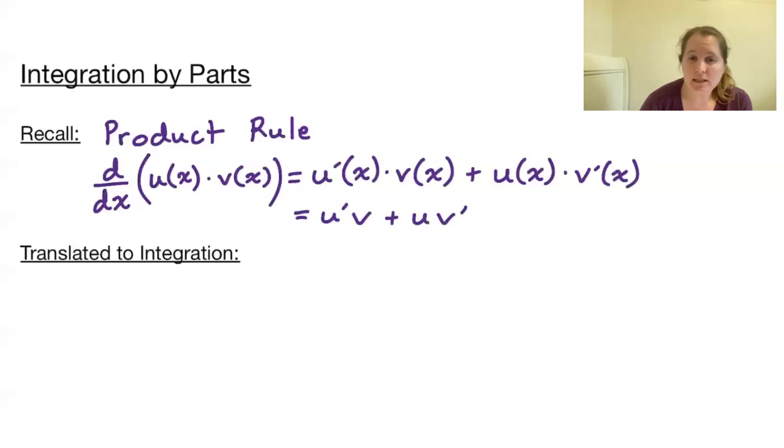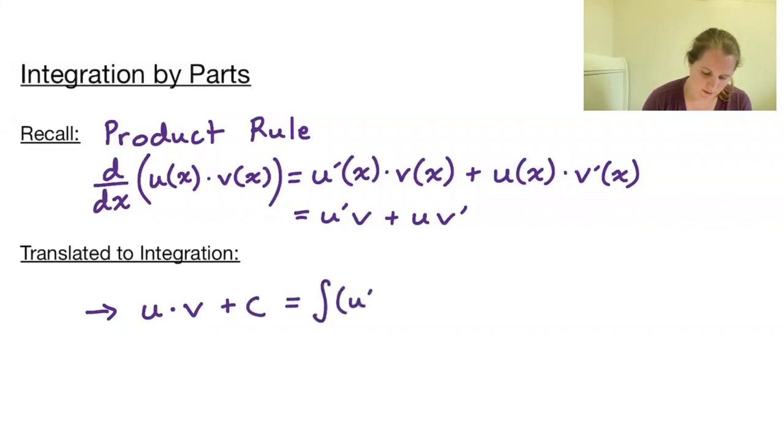So if we translate this into integration, what we then get is that u times v should be an antiderivative of, so u times v plus c should be equal to the integral of u prime v plus uv prime dx.